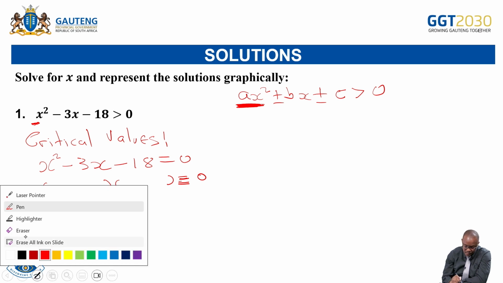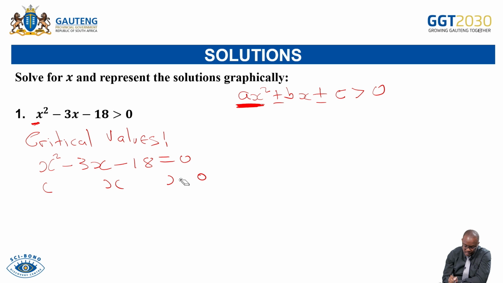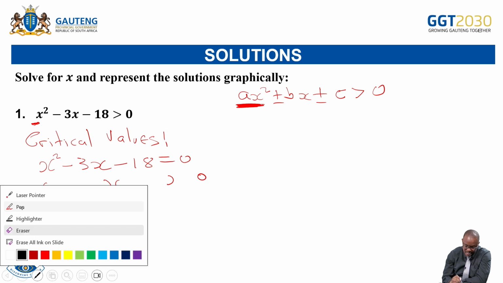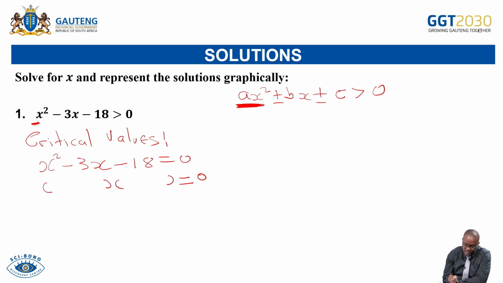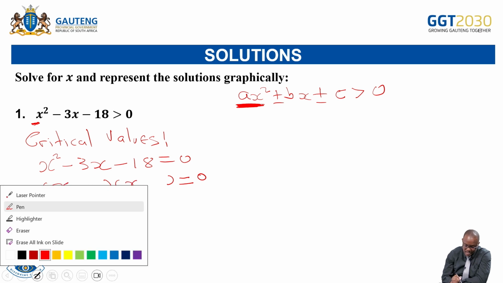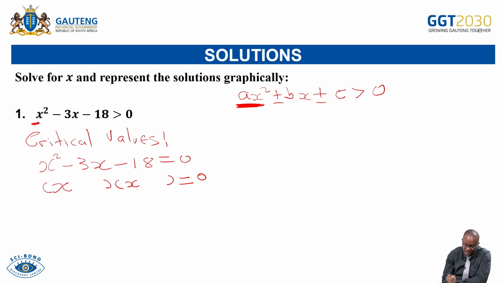So let's write our equal sign properly there. Now x and x will share those two brackets. Then we start factorizing. Remember, as we factorize, the first thing that you look into is the sign of the last term.